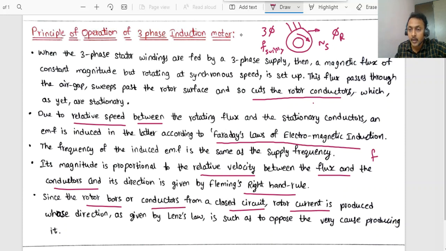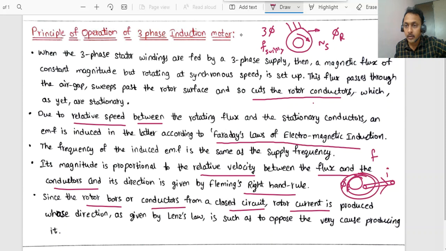For example, if you have rotor conductors and the resultant rotating flux, or revolving or rotating magnetic field, has cut these conductors, then because of the relative speed between the flux and the conductors, some current is induced. Because of this current, one more flux will be generated.